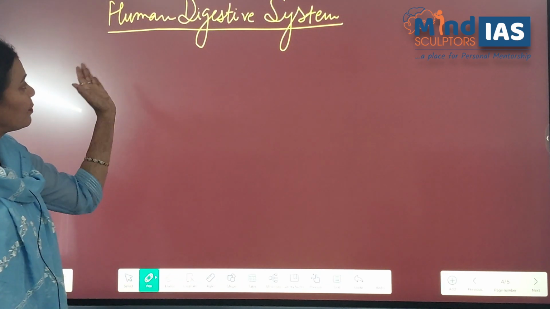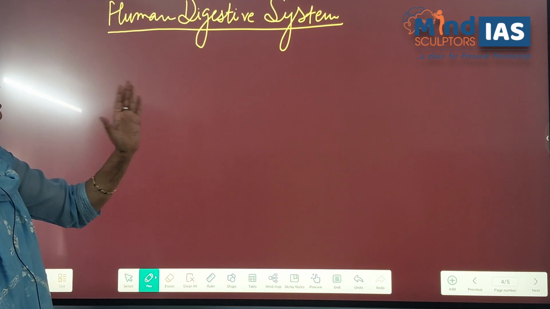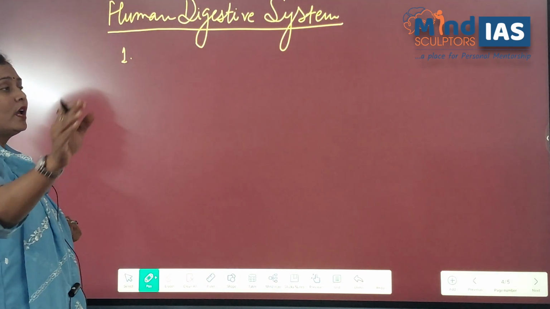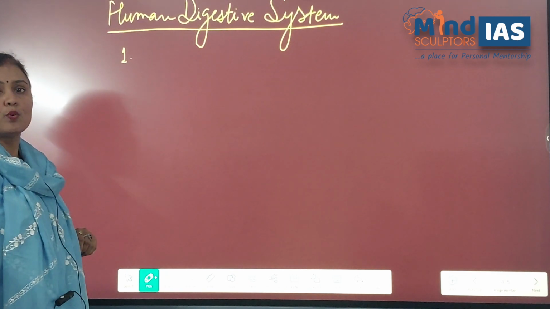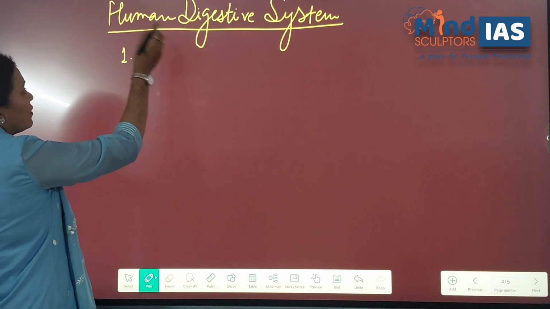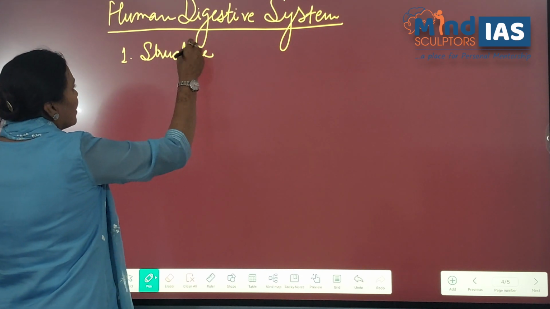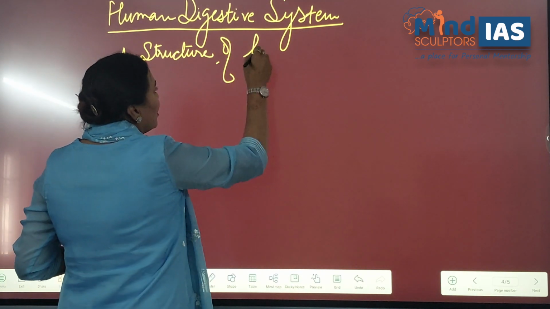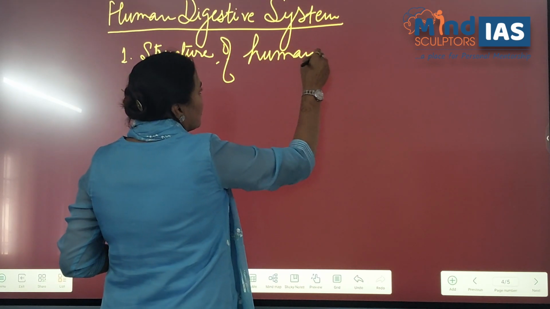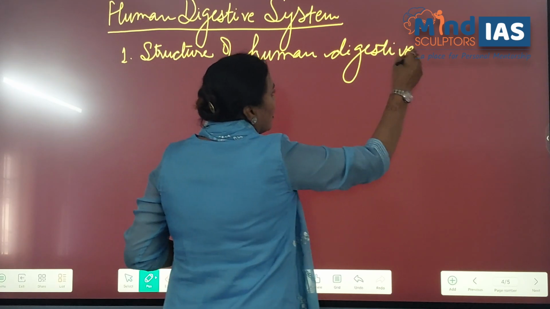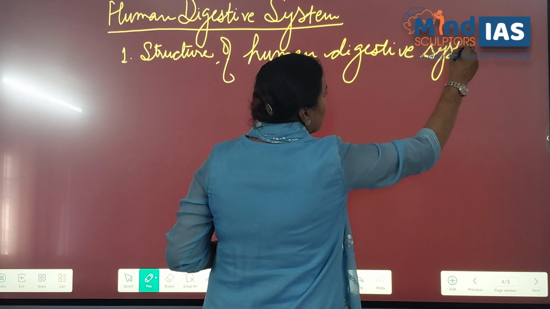If you see the human digestive system, there are two aspects. Before you understand the process, you need to understand the structure. So first, the structure of the human digestive system.